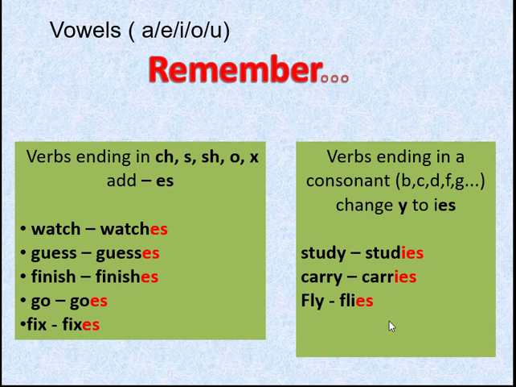Y is omitted and we add IES instead. Like study ends in Y. After a consonant, Y is omitted and we add IES. Carry, Y, consonant, we add IES. Fly.